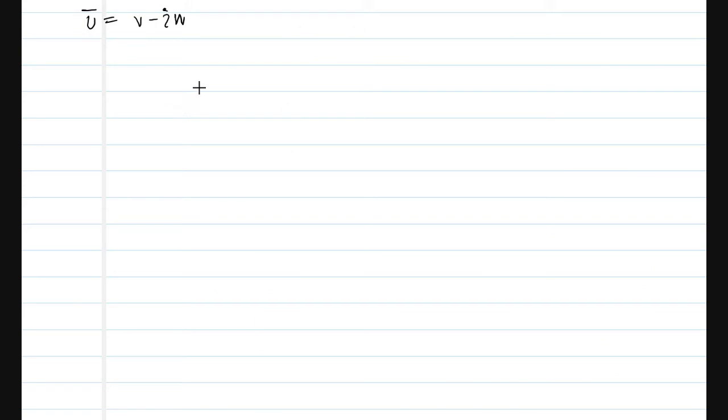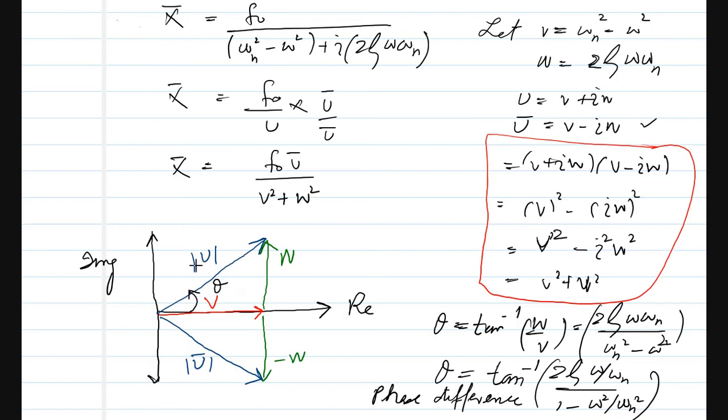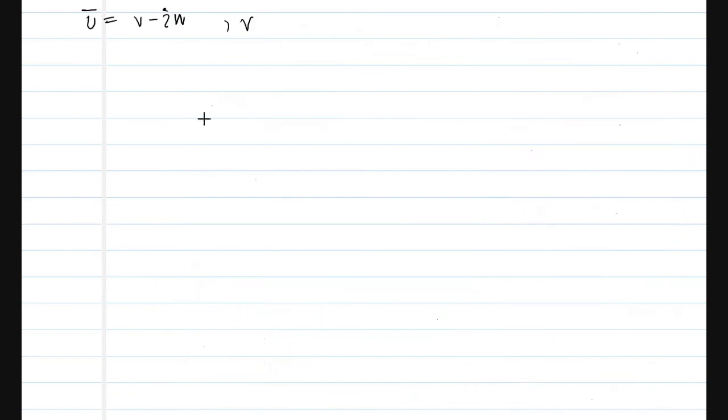So if you want to express v and w, from this graph you can see v is equal to u mod cos theta, and w is equal to u mod sin theta.